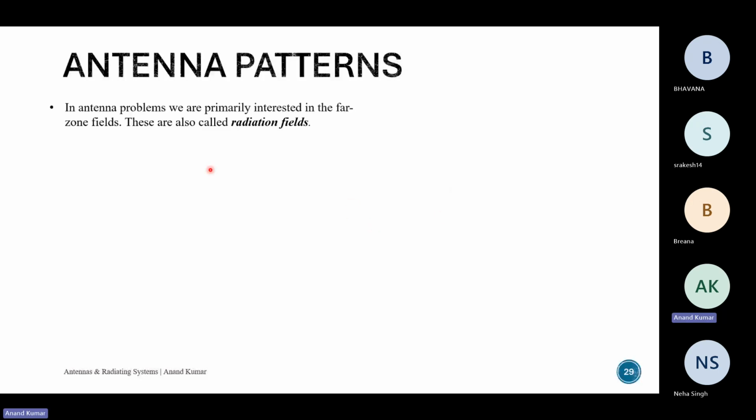So, in antenna problems, we are primarily interested in the far field zones. In the previous class also, we derived the expression for electric field and the magnetic field, and based on the expression, we divided it into the near field, midfield, and far field.